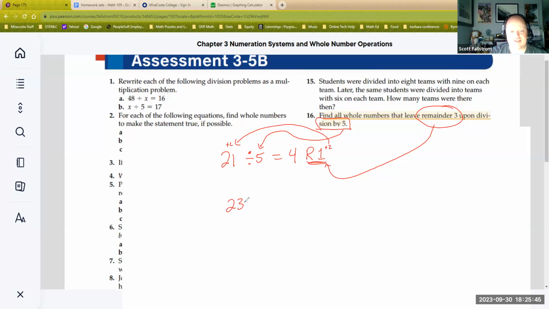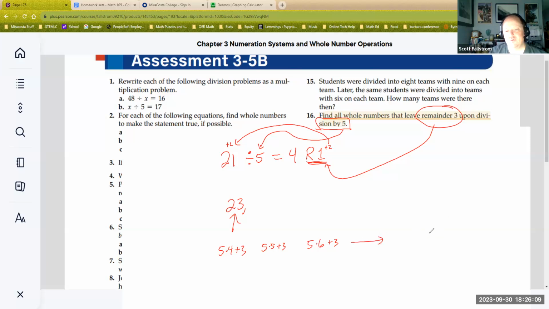Okay. And so then if I take 23 and divide by 5, that does have a remainder of 3. Notice the next number that has a remainder of 3 would have to have another whole group of 5. So this 23 is 5 times 4 plus 3. The next number would be 5 times 5 plus 3. The next number would be 5 times 6 plus 3.